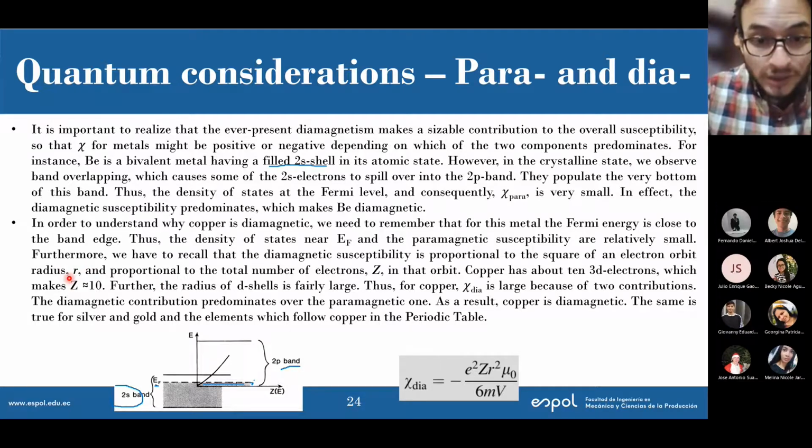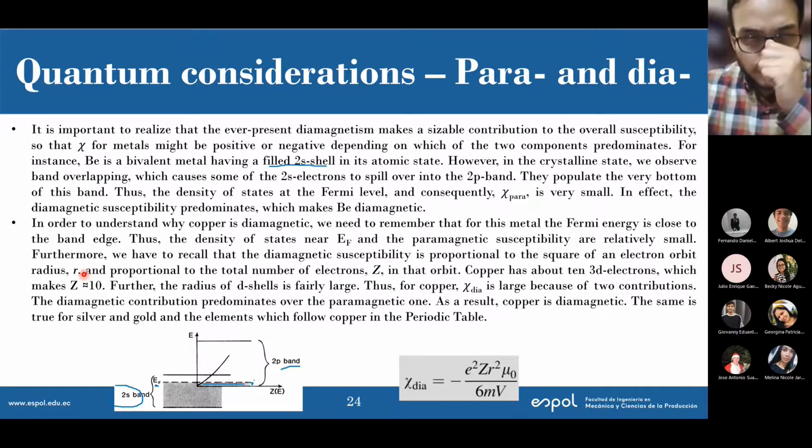Z is also big, and that's why the diamagnetic susceptibility is quite large because of these two contributions: the radius of the D shells is fairly large, and also Z is very large. So that will lead you to a large value of diamagnetic susceptibility, and again, that is also why copper is diamagnetic.